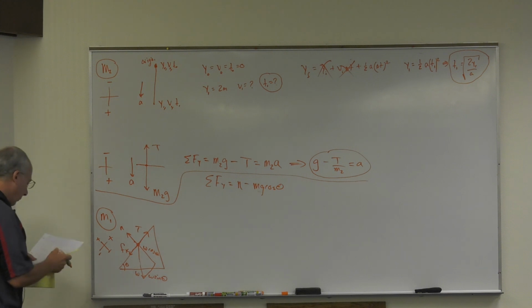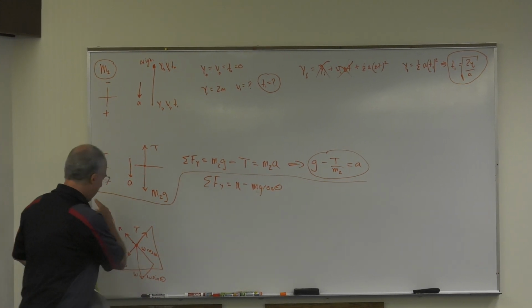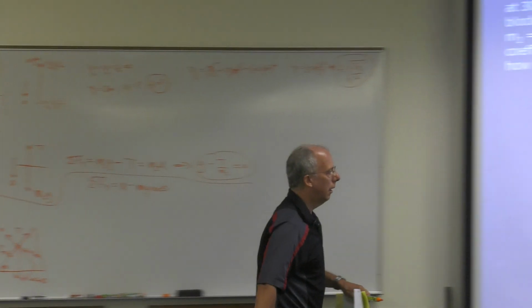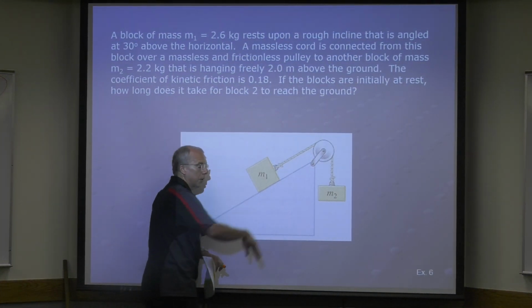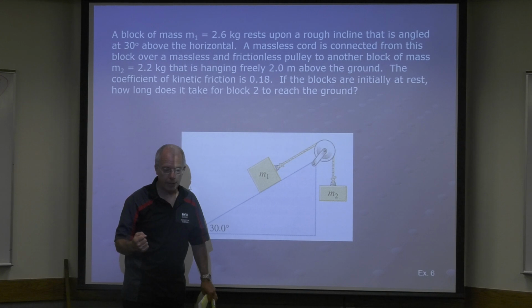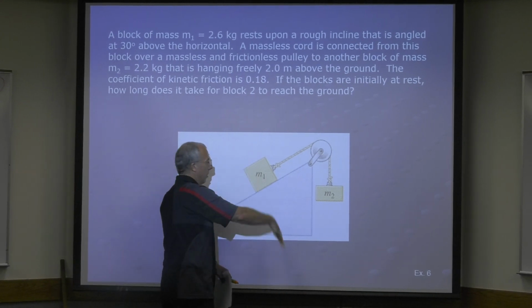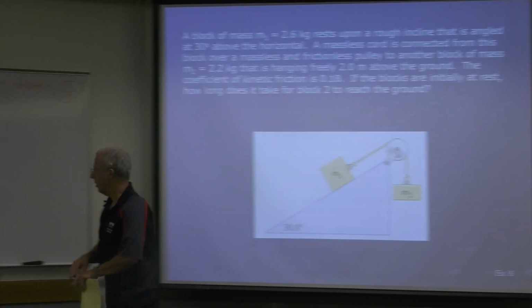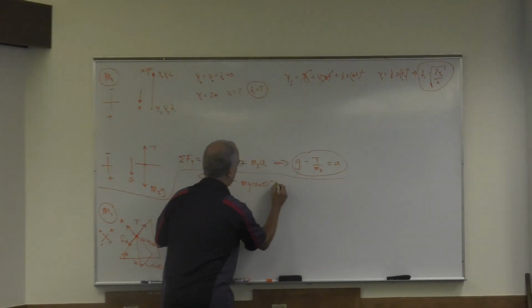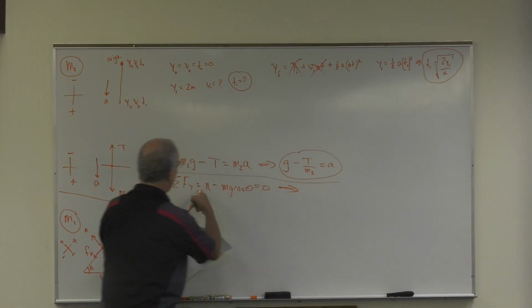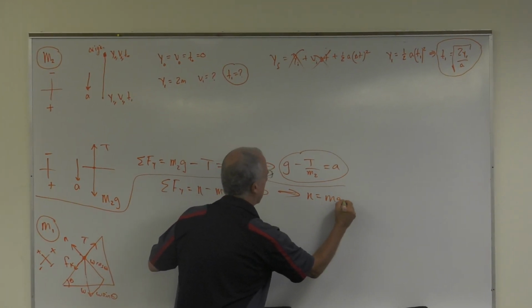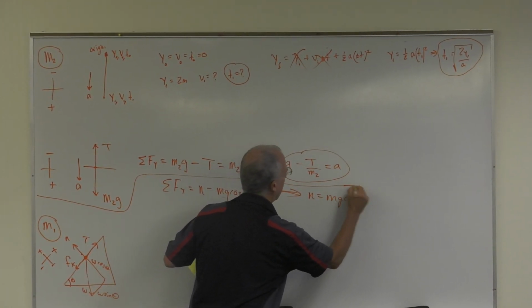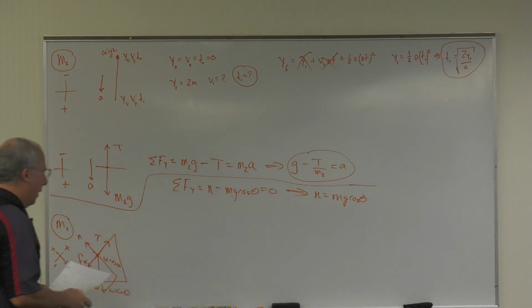And that's it. Now, is M1 accelerating this way? No. So the sum of the forces equals 0, right? It's equilibrium in this direction. So I'm going to say this is equal to 0. Therefore, what's my normal? My normal is mg cos theta. All right? Okay, I'm going to use that in a couple of minutes.